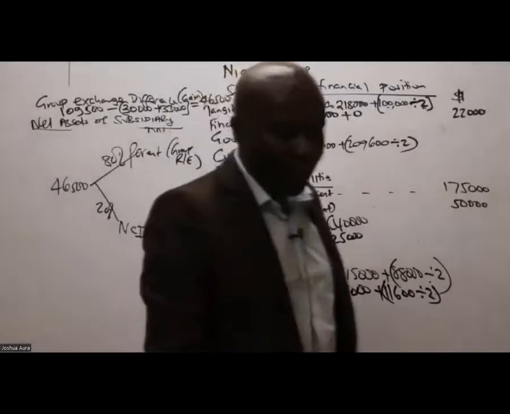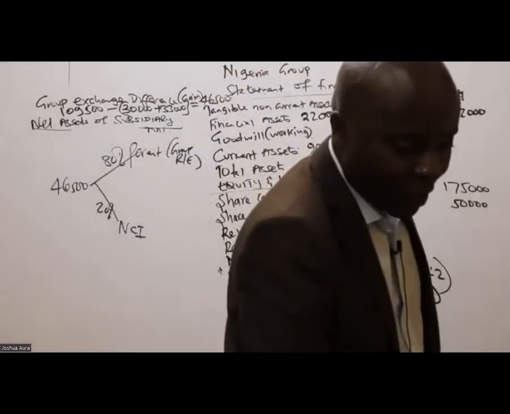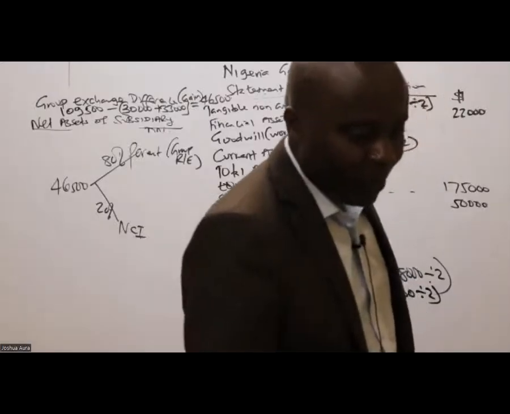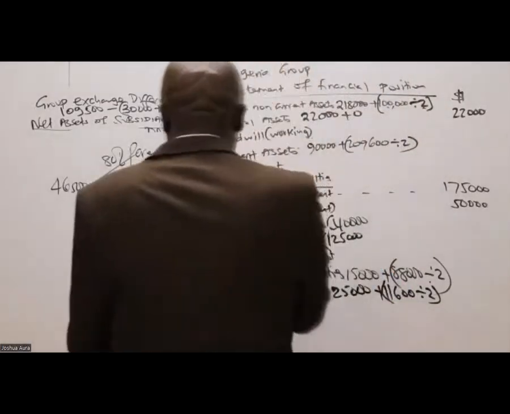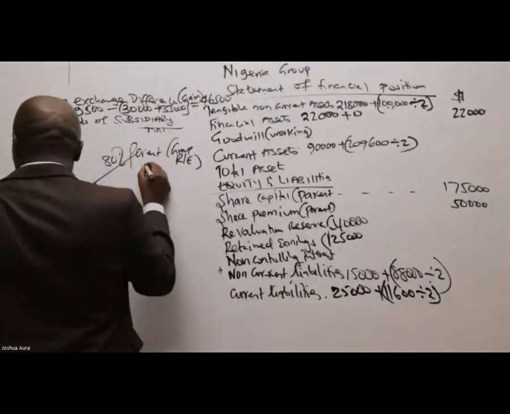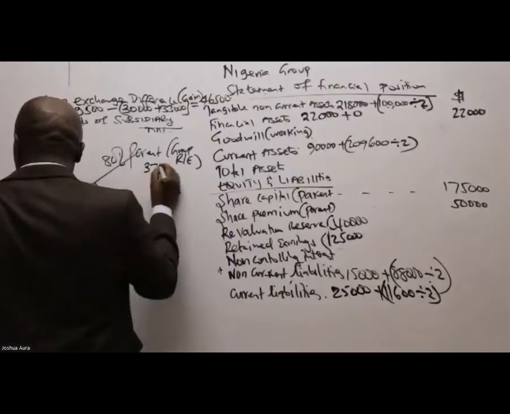I can see they have already given me the figure. What figures are they? The parent is 37,200.